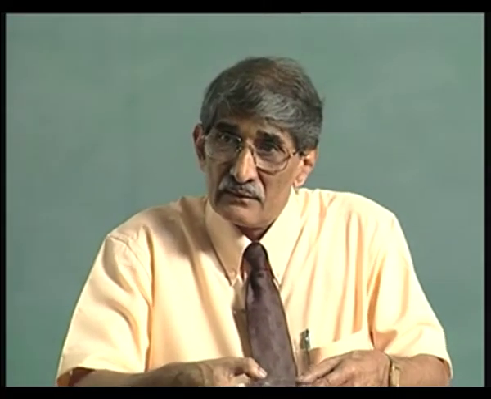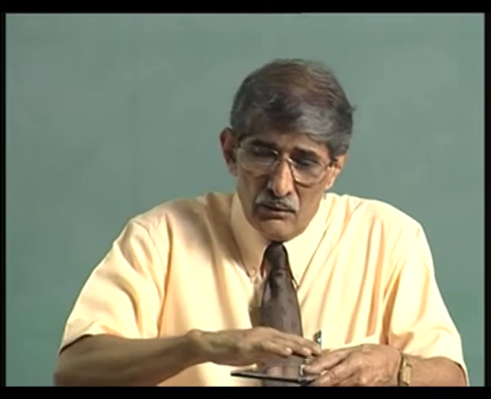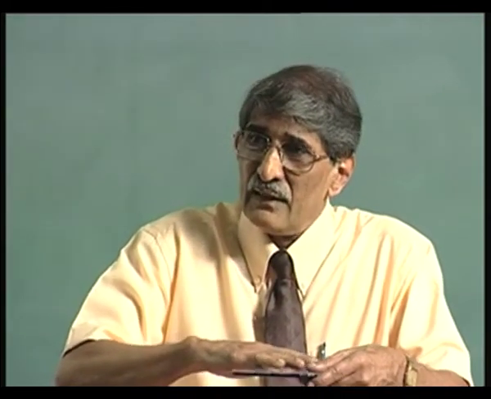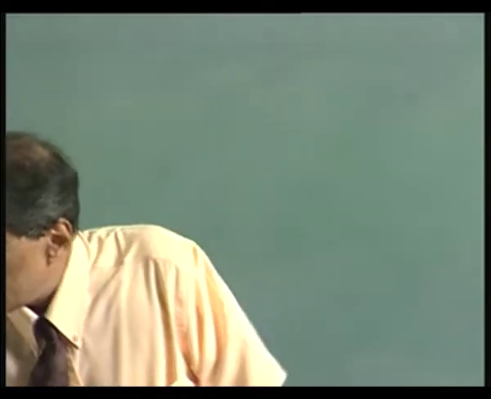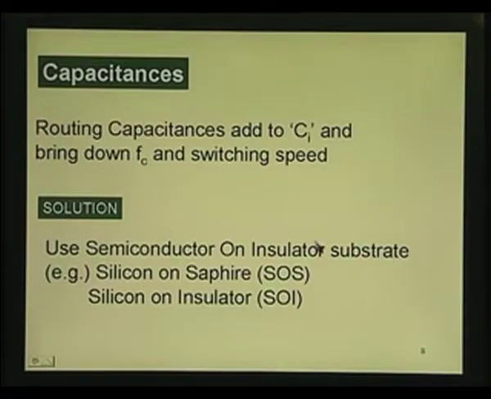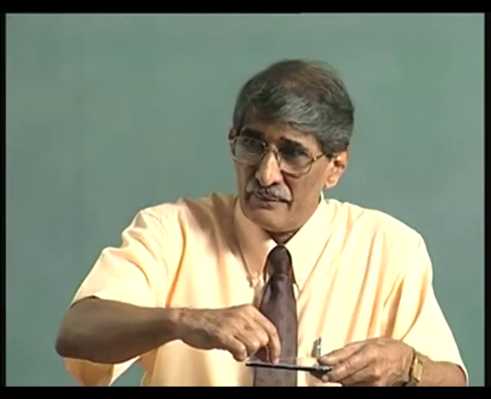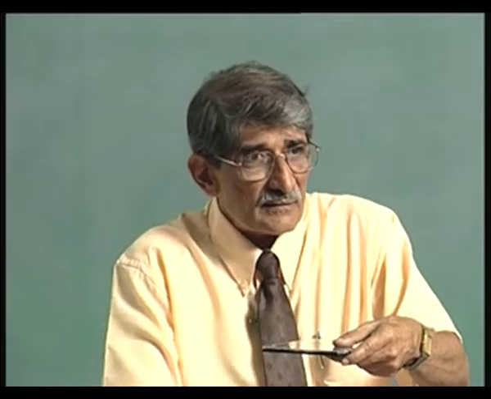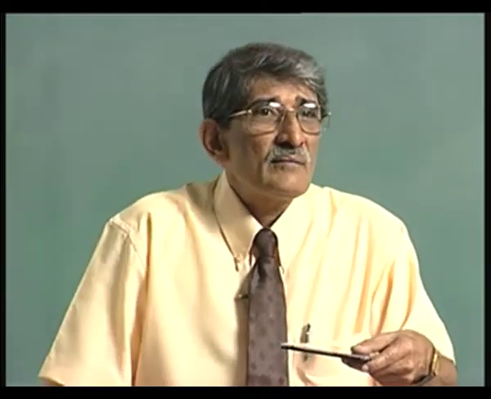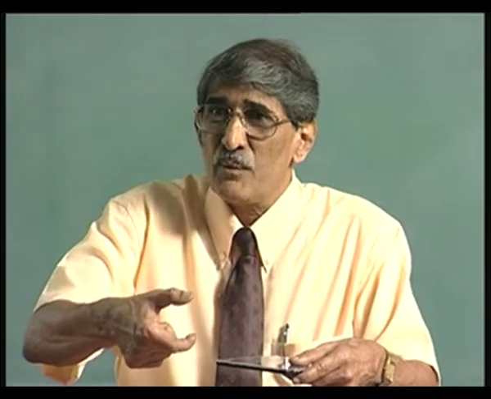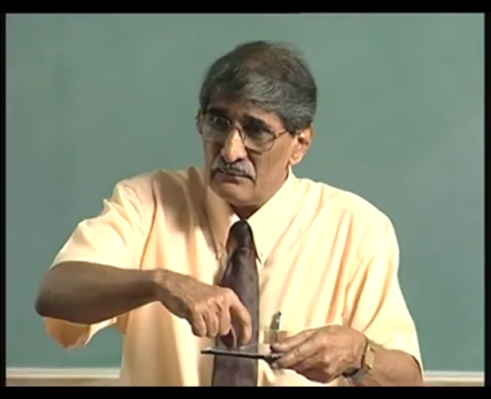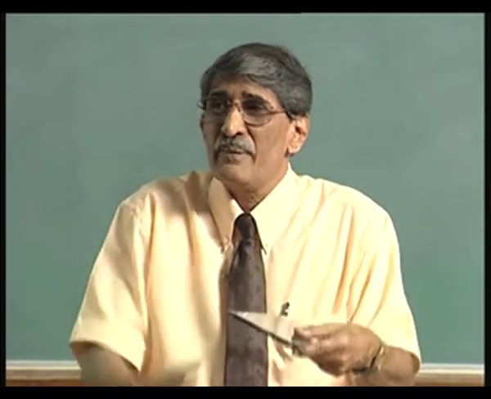Now, if I use a substrate which is actually silicon on an insulator, a substrate which is totally insulating material with a silicon layer on it, then the capacitance of the wire with respect to that thick insulating substrate will be small, because after all capacitance is proportional to area, but if the thickness is more, capacitance reduces.